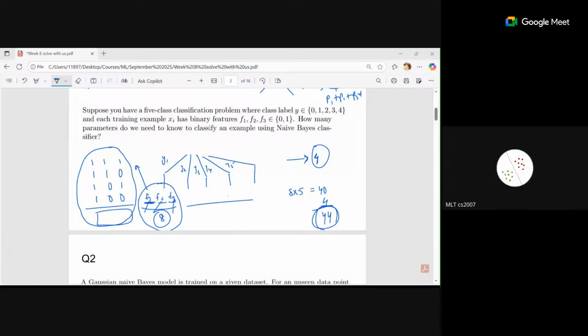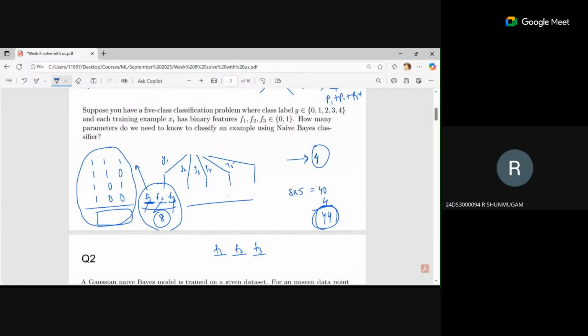You are saying there are three choices for each. That is for feature one, like she said, the possible values would be 0 and 1. That is true. But if I write that, among the two values, it can take only one.